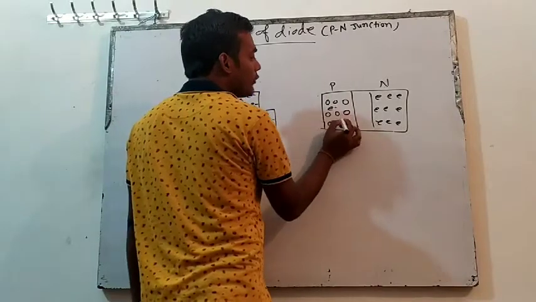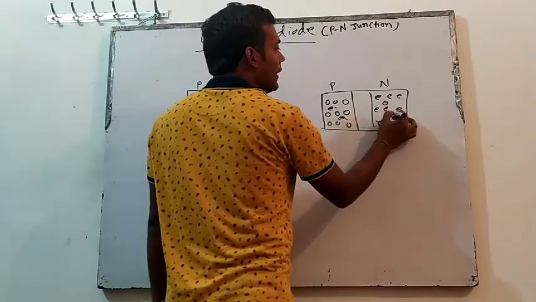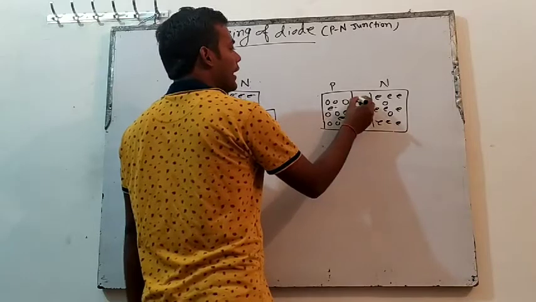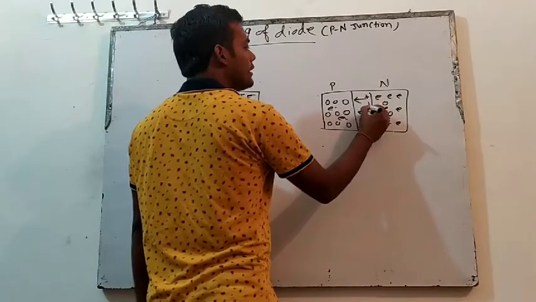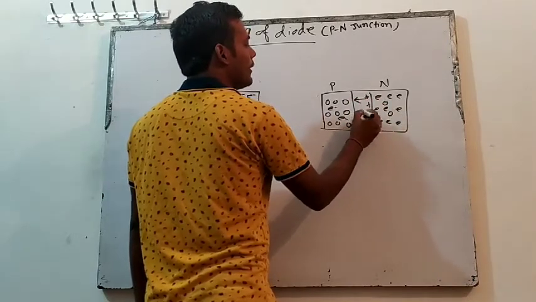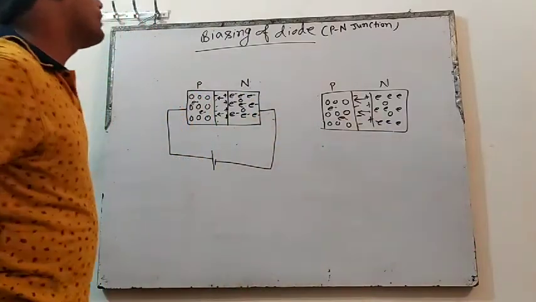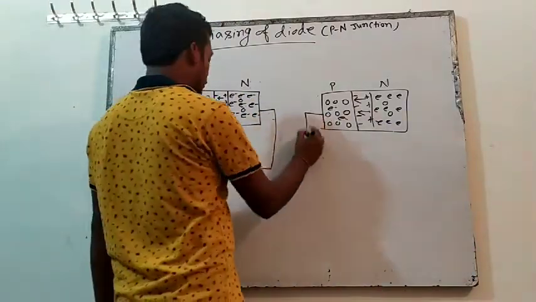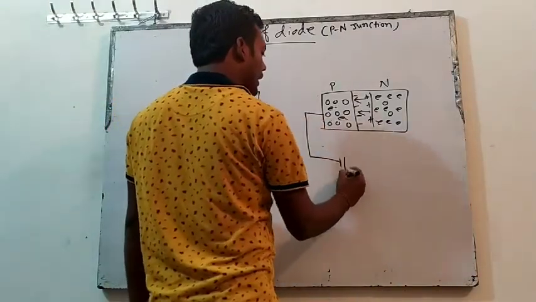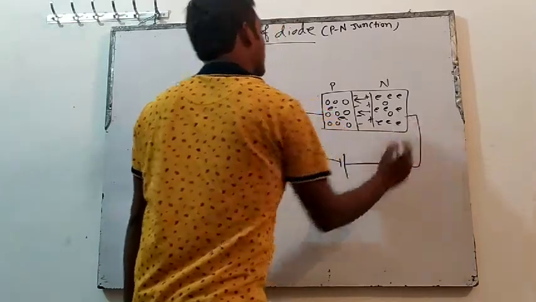Here also the electric field will be from this to this, because this will be positive and this will be negative. So the electric field will be like this. We can connect it by two different methods, either like this or like this.